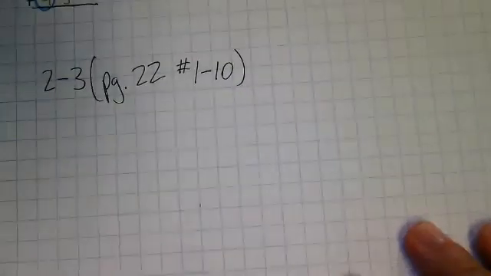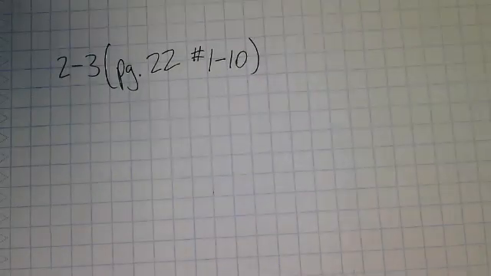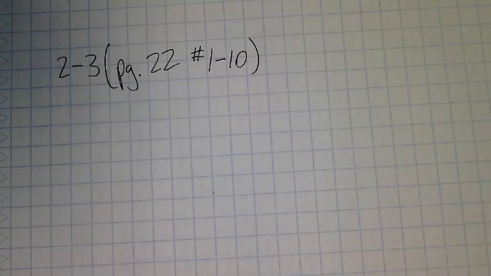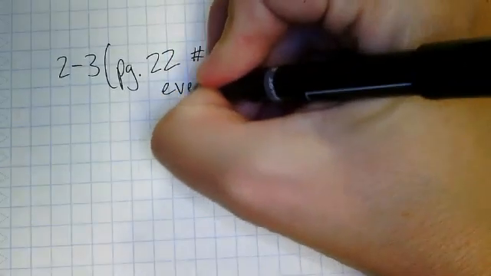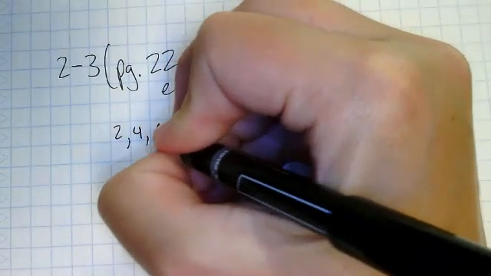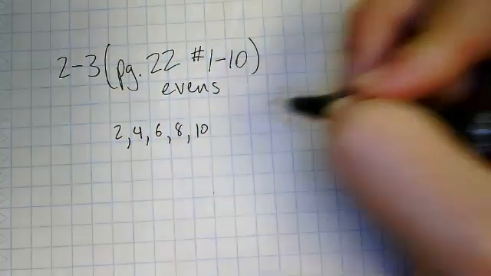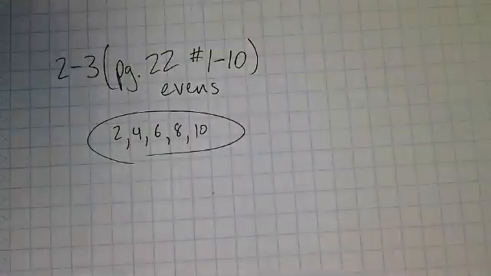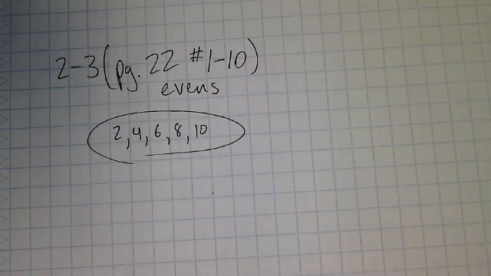Just like that. 2-3, page 22, numbers 1 through 10. Just the evens. Numbers 1 through 10, evens. So that's 2, 4, 6, 8, and 10. That's only 5 problems, all right? 2-3, page 22, numbers 1 through 10, just the evens.